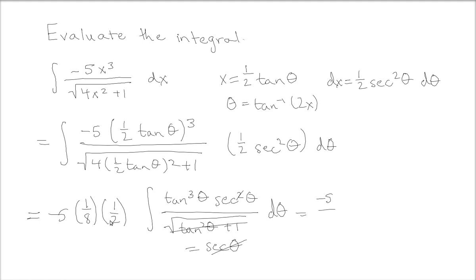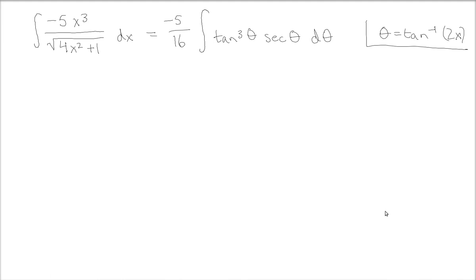And then multiplying together the 1/8 and the 1/2 is 16ths. Tangent cubed theta secant theta d theta. And I've just rewritten here what my original integral was, and this is where we've gotten so far. And remember that theta is equal to the inverse tangent of 2x.